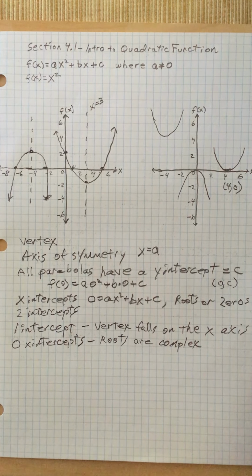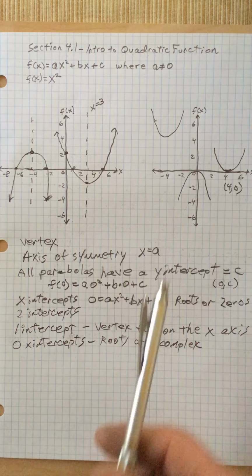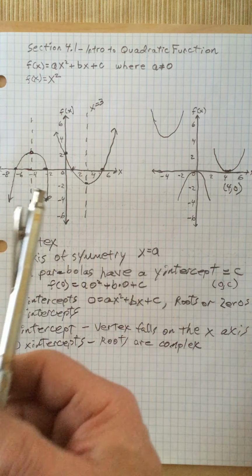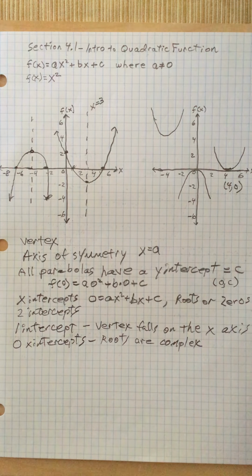Couple things to look at here. First, actually maybe all we're going to look at here is the relationship between the vertex and the graph itself. In a couple of sections from here, we're going to look at solving application problems, i.e. word problems, where we're trying to find a minimum or a maximum situation.